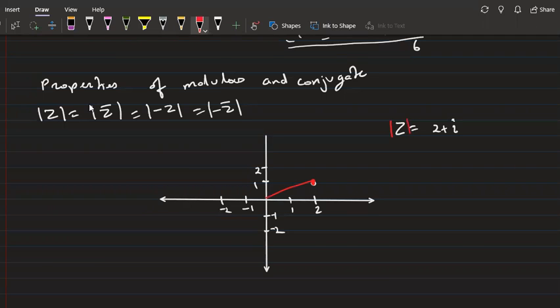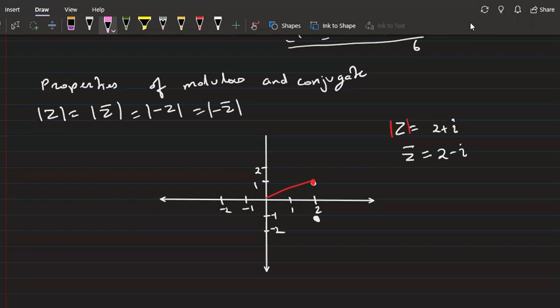Agree? Now just think about this. What is z bar? Which is 2 minus i. Again, 2 minus i means the real part is 2, but the imaginary part is minus 1, which is this point. Yes or no? So this is this point.